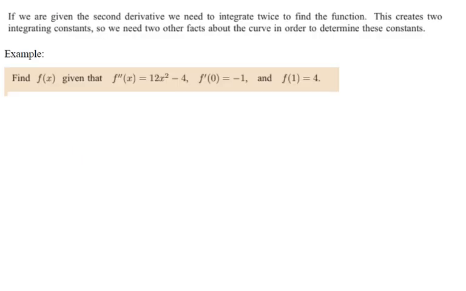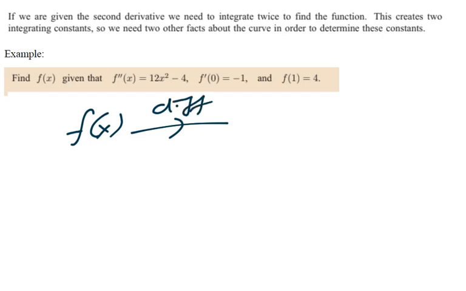Moving on to this, if you notice, the statement says that if we are given the second derivative, we need to integrate twice to find the function. This creates two integrating constants, so we need two other facts about the curve in order to determine these constants. What does that mean? If you have f(x), when you differentiate one time, you get f'(x).